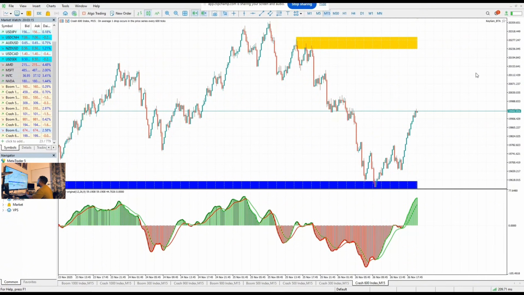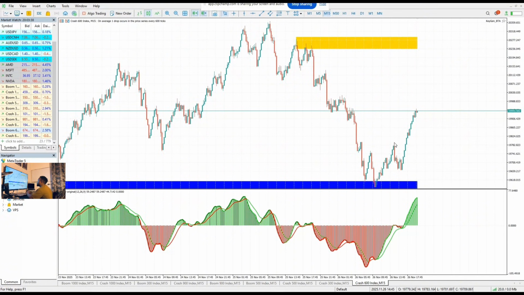The first thing that you want to see is your price reaching either your blue zone or your yellow zone before you take any trade. And in this case, you can see that our price got into our blue zone, which is our first sign for us to know that we are about to enter a trade. But now we are no longer waiting for alerts from the indicator.